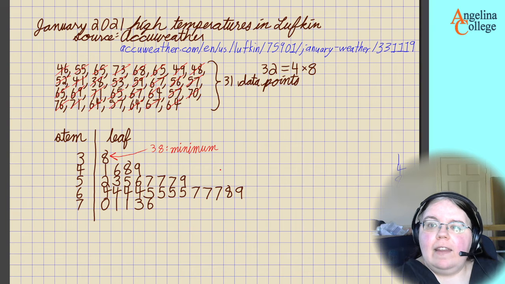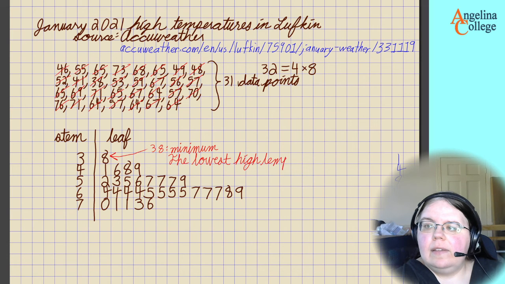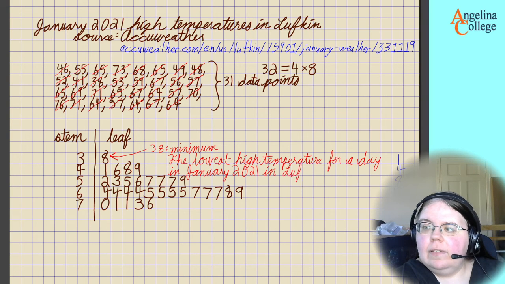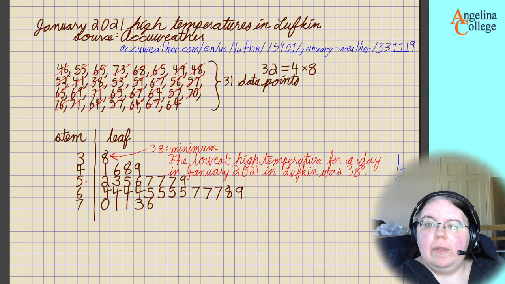So if I were putting that as a contextual sentence, I could say the lowest high temperature for a day in January 2021 in Lufkin was 38 degrees.